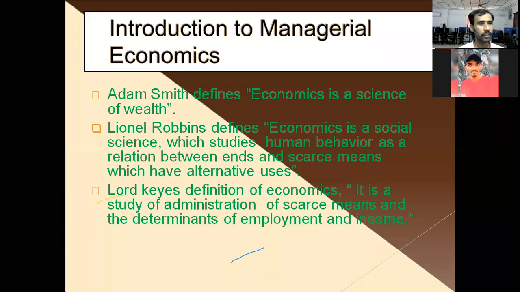According to Adam Smith, economics is just a science of wealth. As per his viewpoint, economics is something like earning money and spending money for increasing the satisfaction level of an individual. As per Adam Smith, it is just a science which deals with managing money.